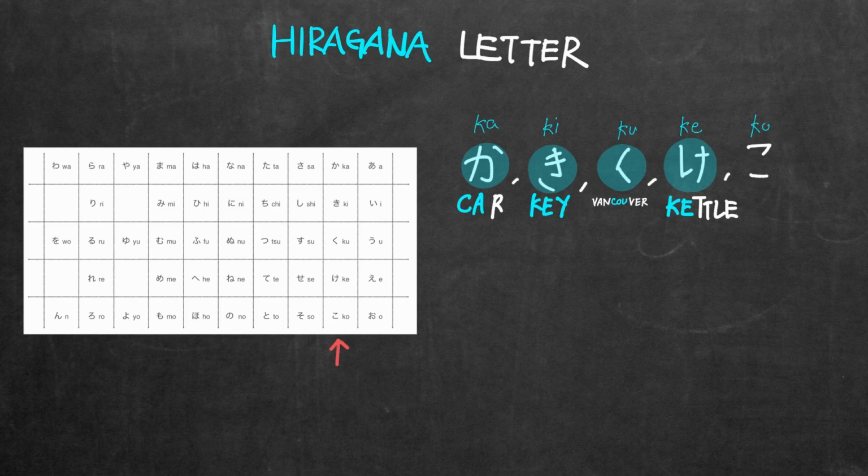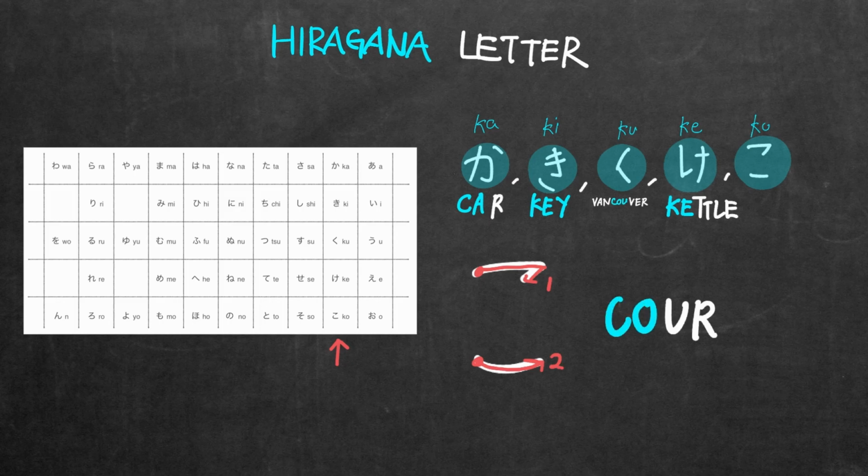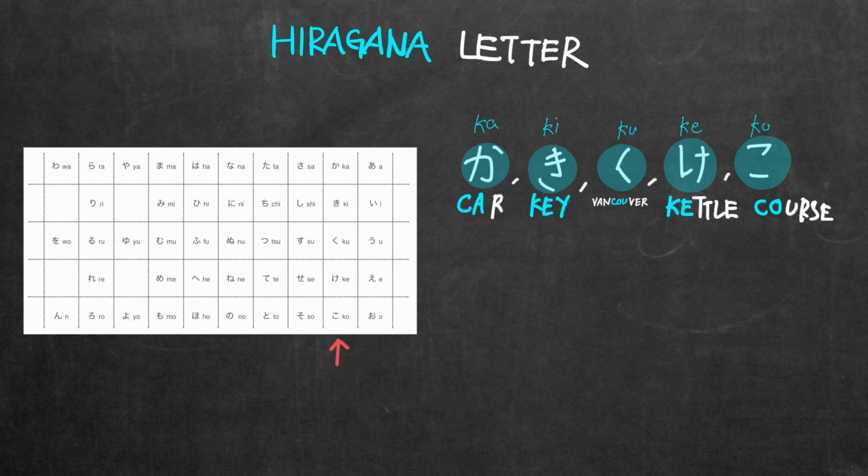The last one is ko. It's pronounced as ko as in course. There we have it, the second column of the hiragana chart. Ka, ki, ku, ke, and ko.